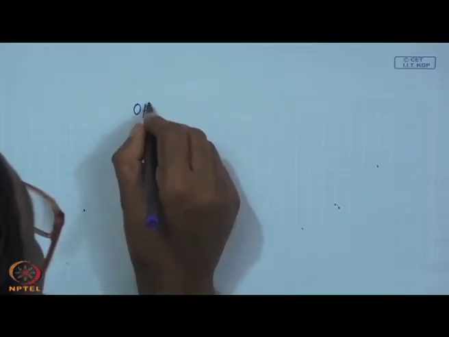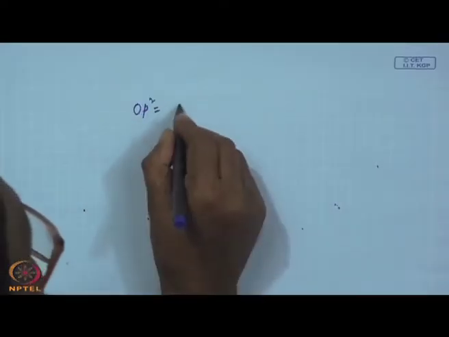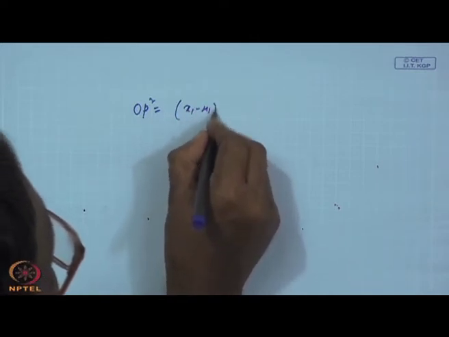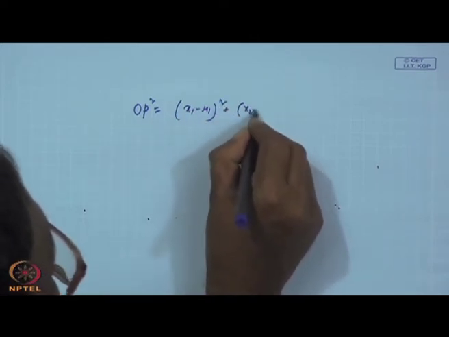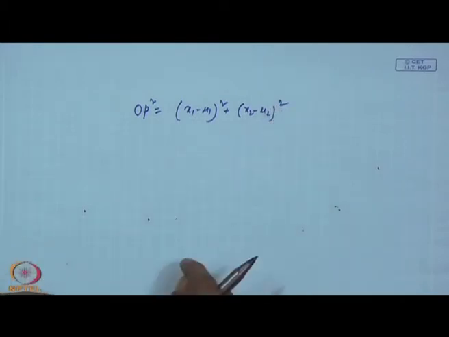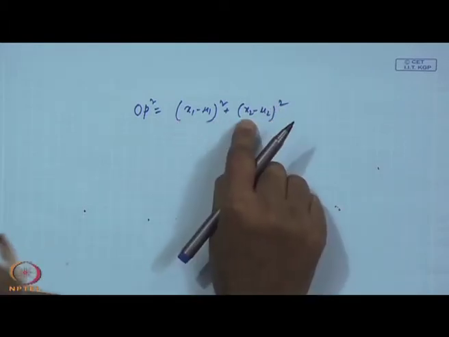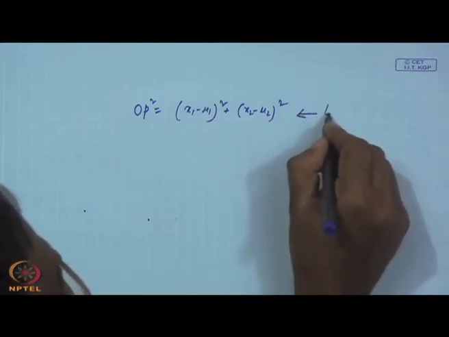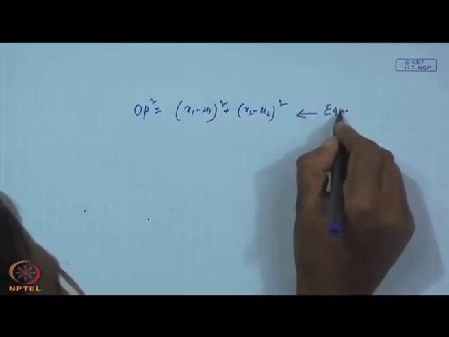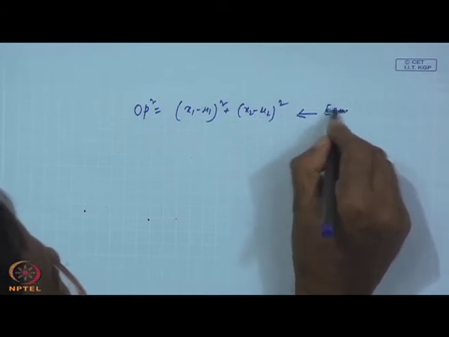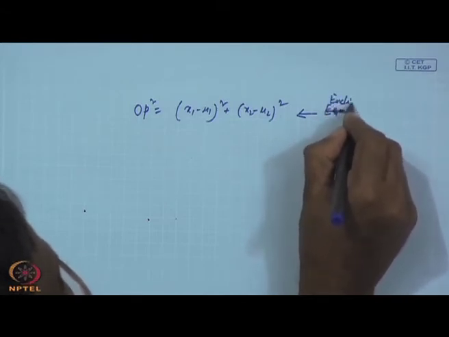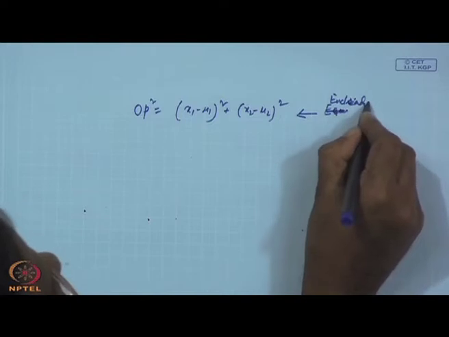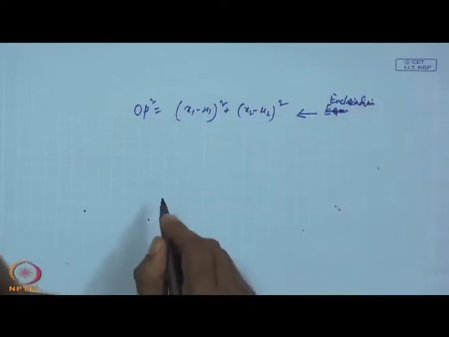First we will write this OP square in the general sense: x1 minus mu1 square plus x2 minus mu2 square. X1 and x2 are two variables. This is your Euclidean distance.